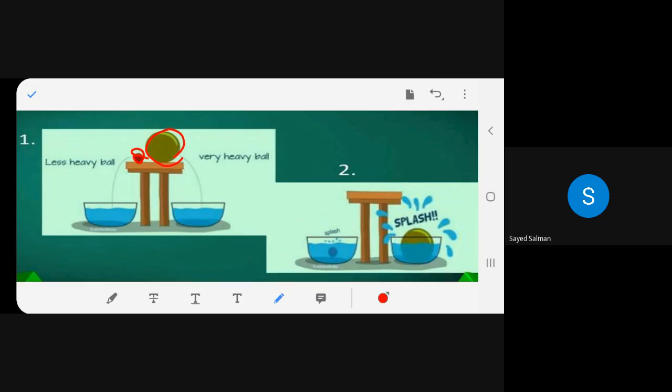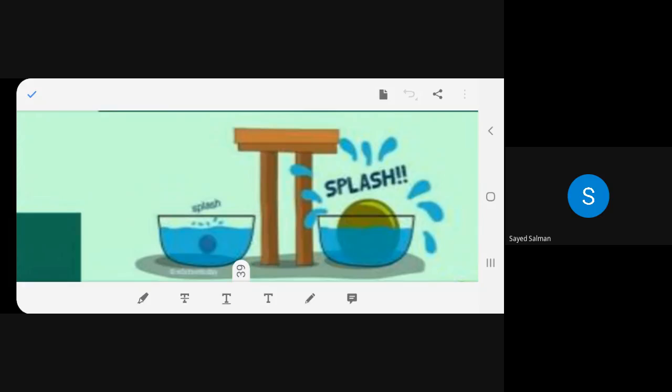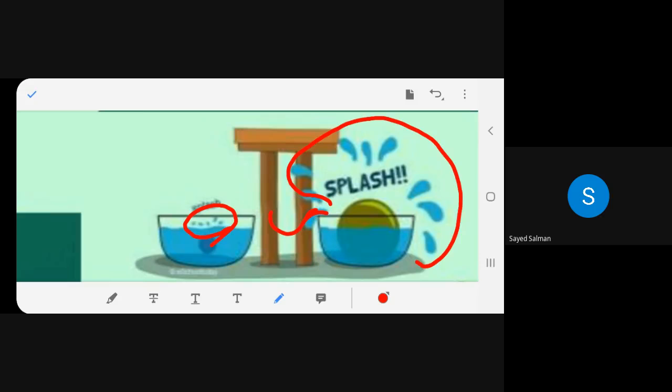So you can see over here, in this case, when it falls from a height, the splash is less. Can you see this? The splash is less. And when the big ball falls, the water spills out. The splash is more. Hope you have understood. Yes or no?